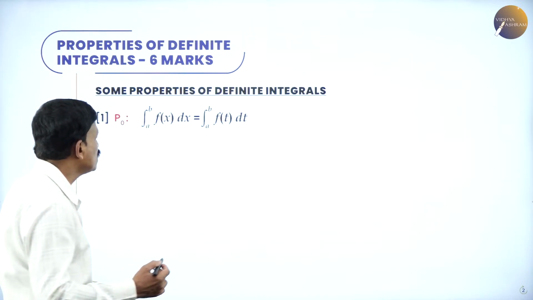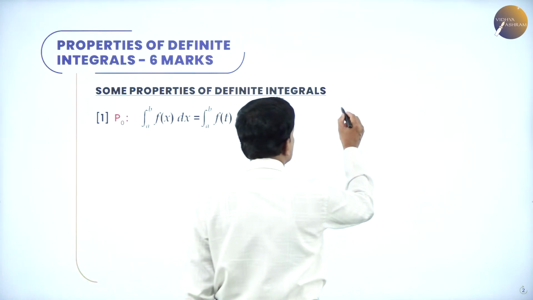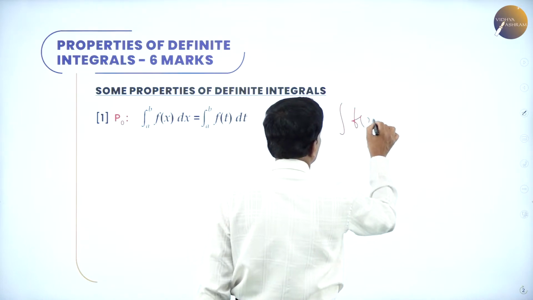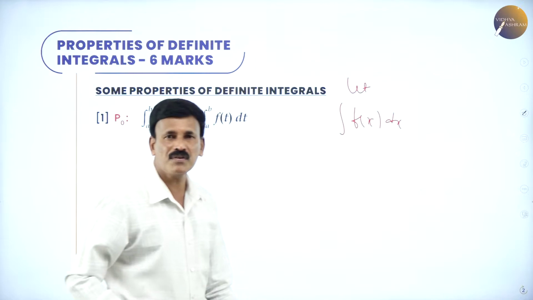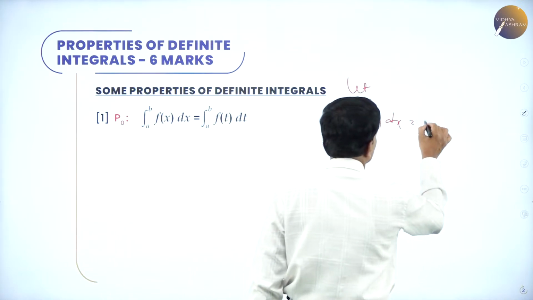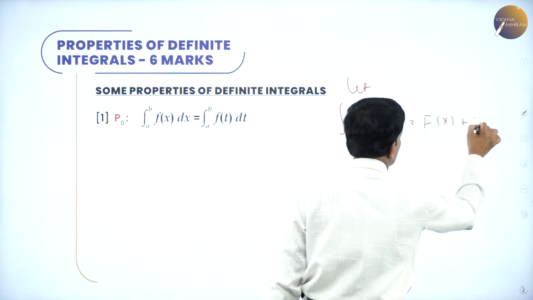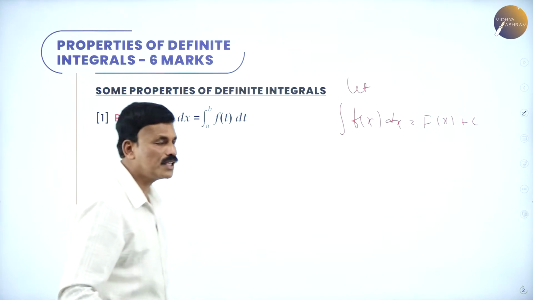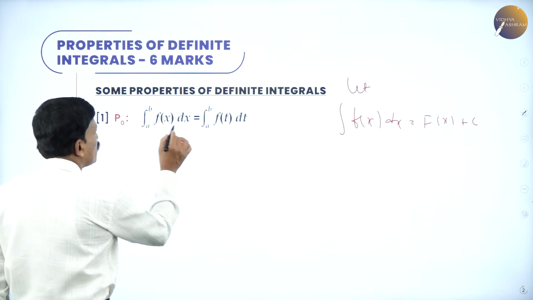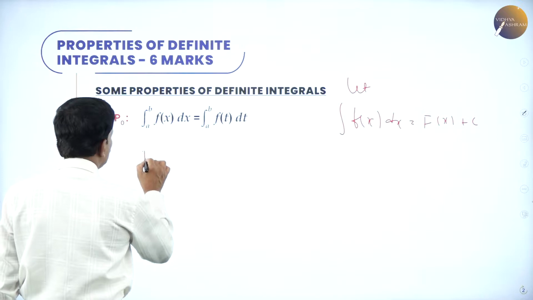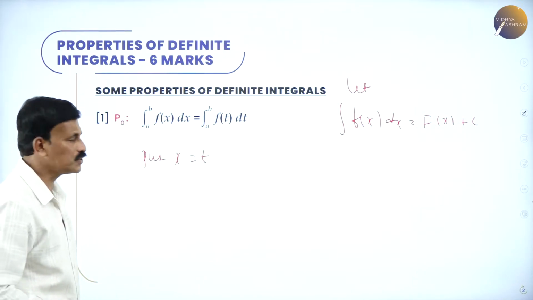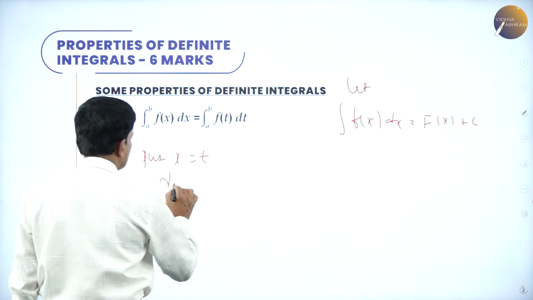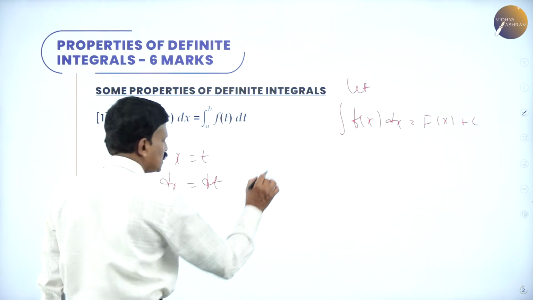Let me prove this. First of all, let us know what is this integration of f of x dx. Let the integral of f of x dx be equal to capital F of x plus c, an ordinary integral. Now let us put x is equal to t. If you put x is equal to t, then differentiating, dx is equal to dt.